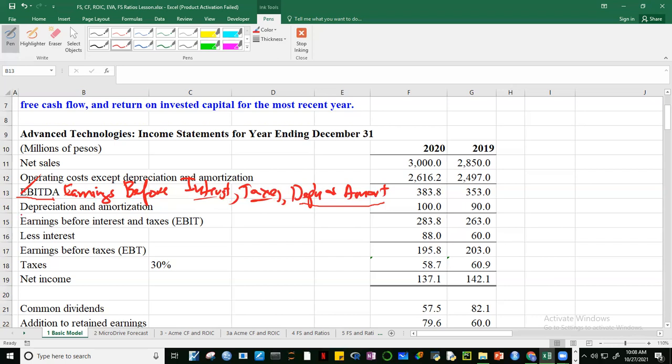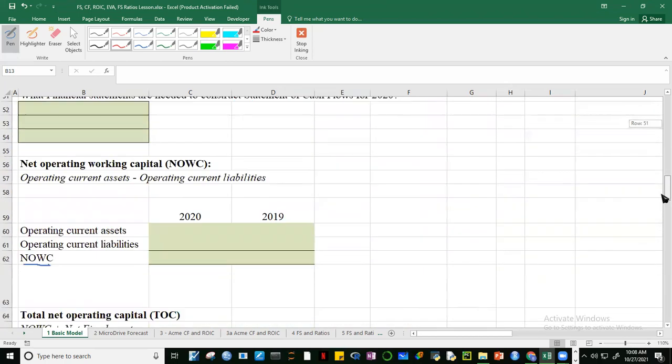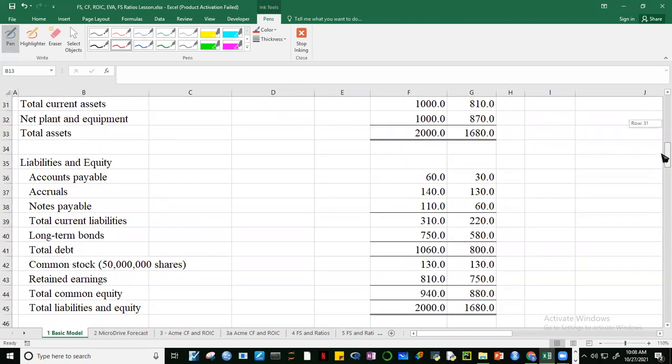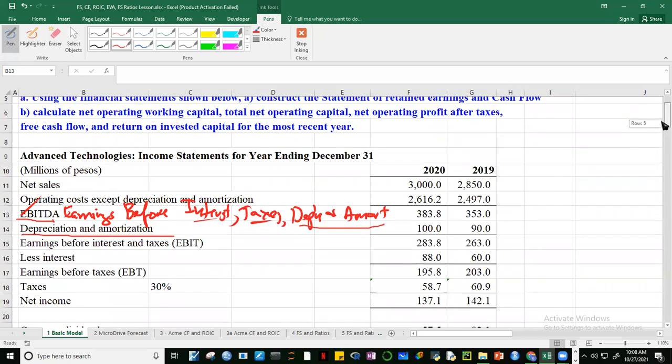And these are very important items when we go to the statement of cash flows. I'll provide more details when we go to the statement of cash flows, because we're required to construct the statement of cash flows for this problem.